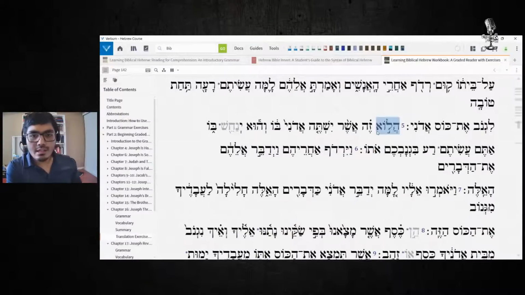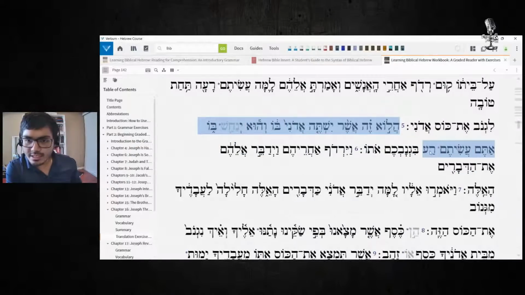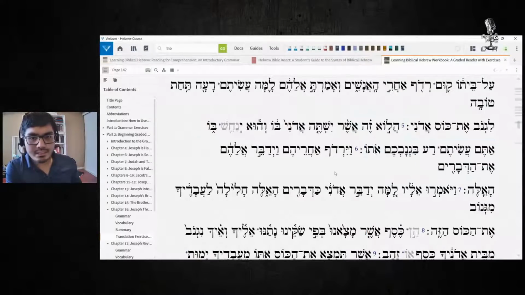Verse 5. Halo ze asher yishte adoni bo vehu nachesh yenachesh bo hare'otem asher asitem. Is it not this from which my lord drinks, and by which he does divination?